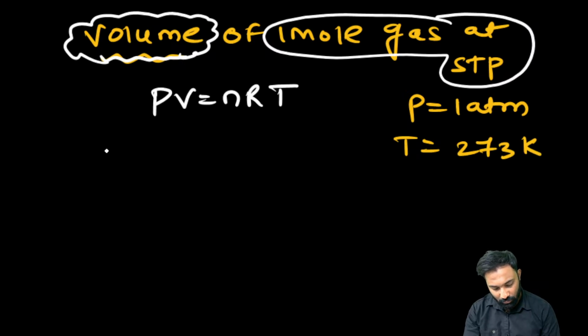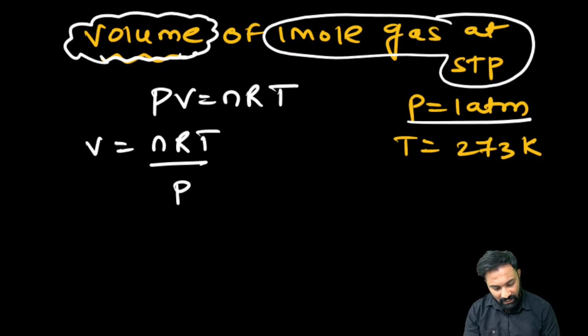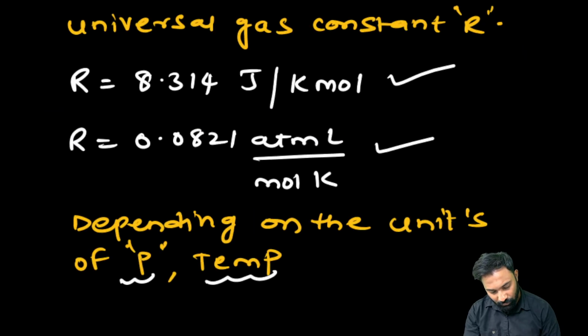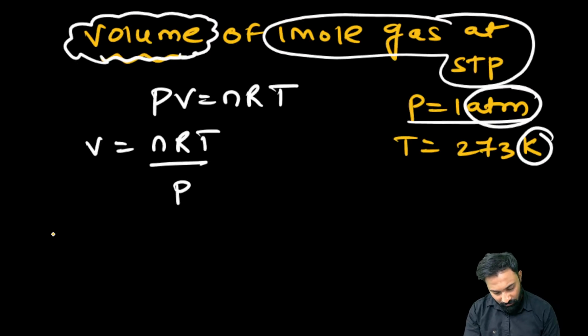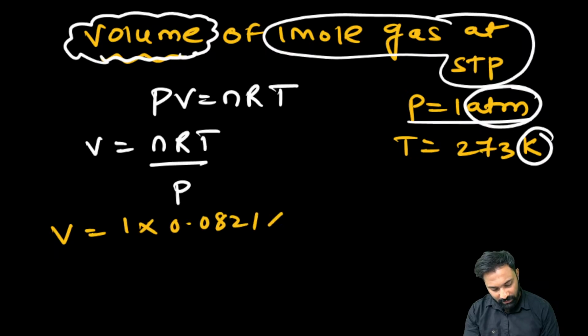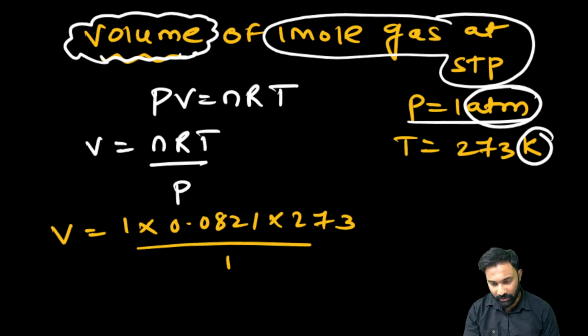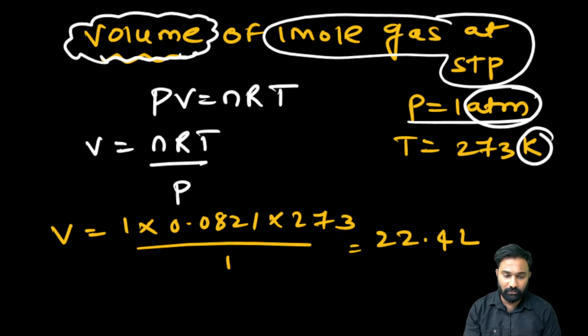Now if you send P to the right hand side, V is equal to nRT by P. P is 1 atm, n is 1 mole, and the pressure unit is atm and temperature unit is Kelvin, so the R value we have to use is 0.0821. Then the volume of 1 mole of gas at STP, with moles 1, R value 0.0821, temperature 273 and pressure 1, if you calculate, you will get 22.4 liter. 22.4 liter of volume will be occupied.